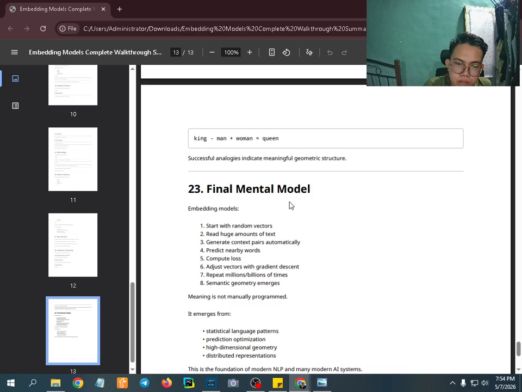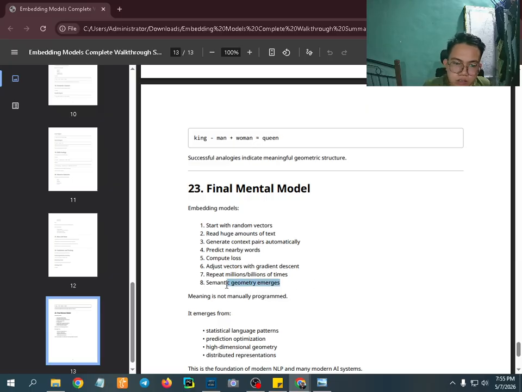So here's the final mental model. The embedding model starts from random vectors. It reads a huge amount of text, generates context pairs automatically, predicts nearby words, computes loss, and adjusts vectors with gradient descent. Repeat a billion times.